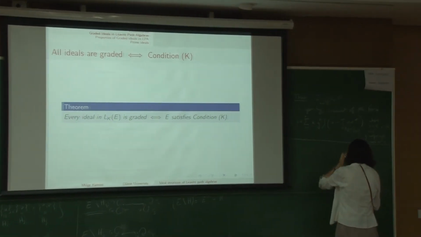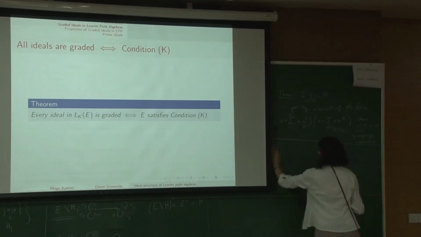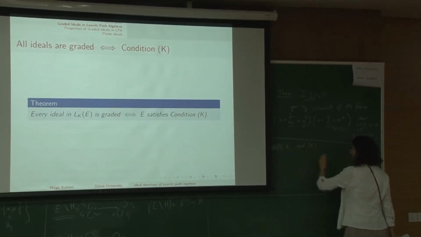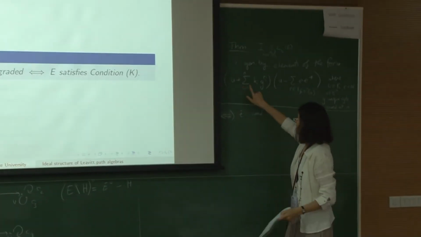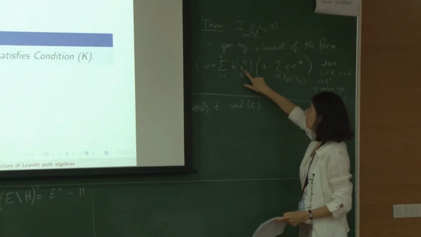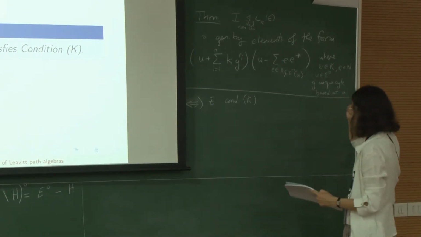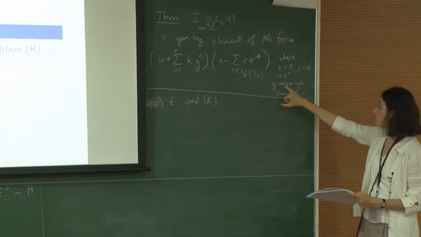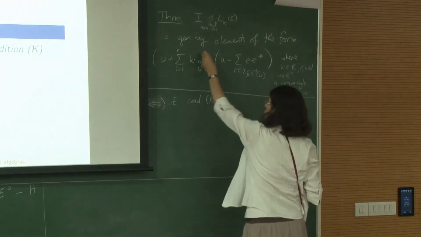So, assume E satisfies condition K. If you look at the elements of the form, you have a vertex here and then a sum of a polynomial where c is a unique cycle based at U. Well, if you have condition K, you cannot have a unique cycle based at U. So this term drops out.